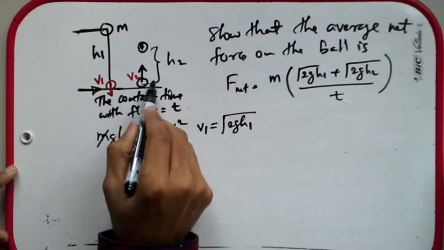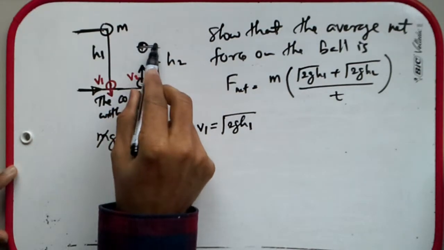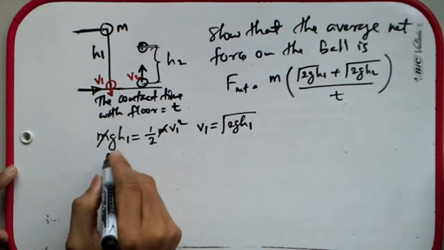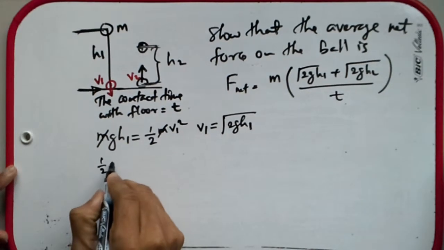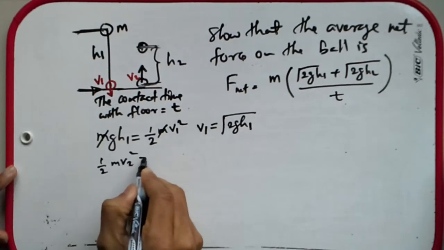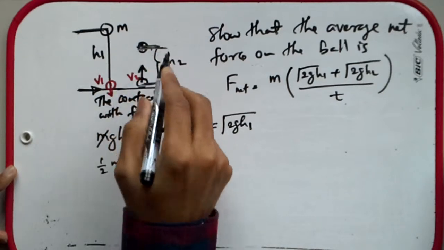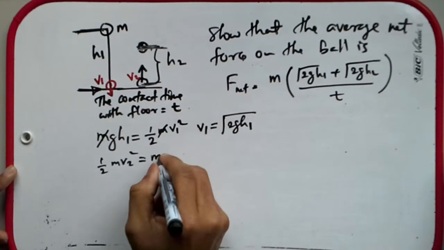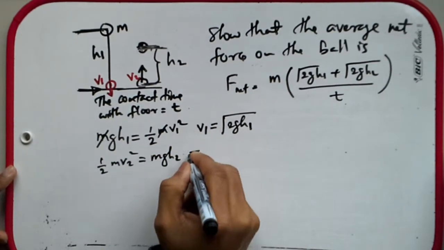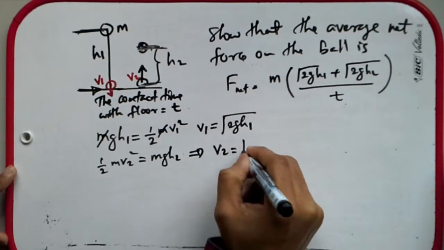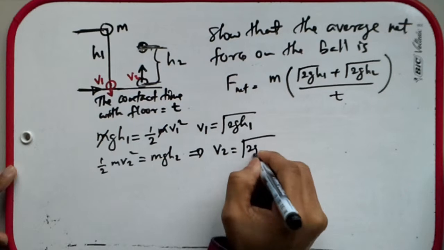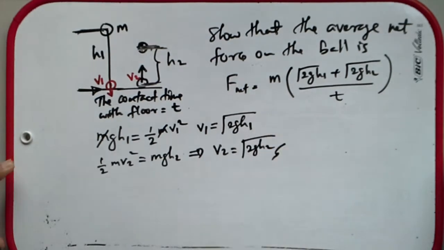And similarly from here to here I can use the conservation of energy. So here the total energy is only half m v2 squared, and here you have only the potential energy, which is mg h2. So from here I can find v2 is equal to square root of 2g h2.